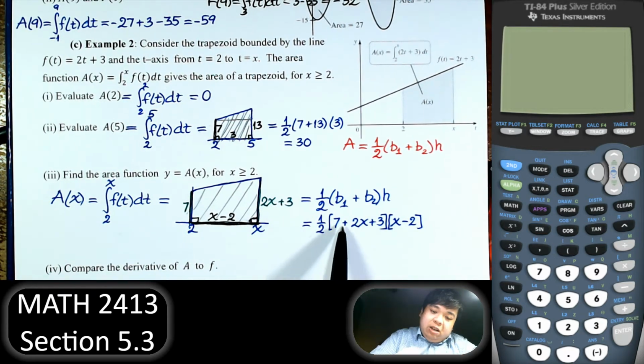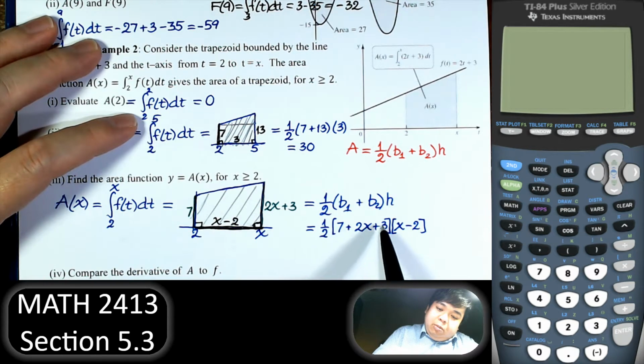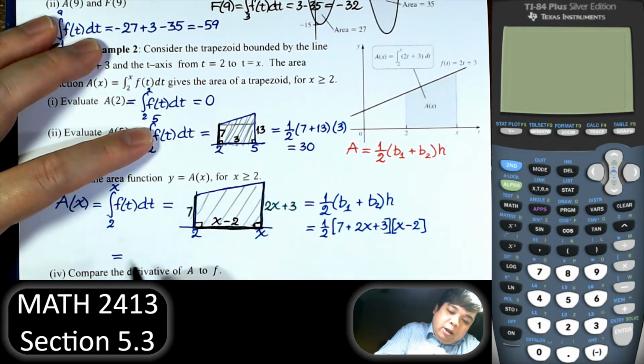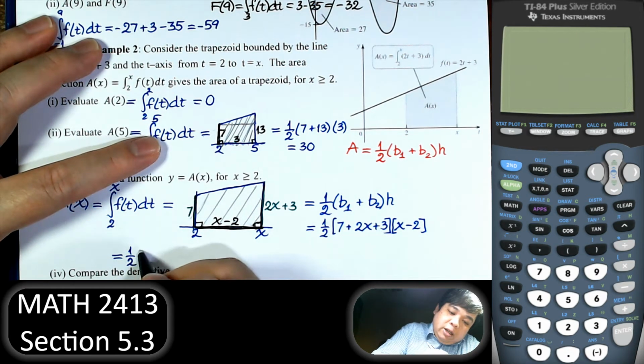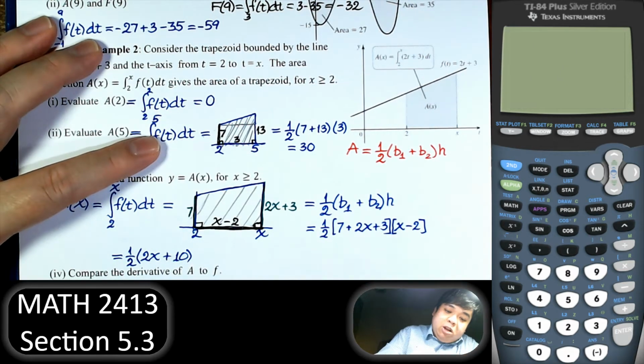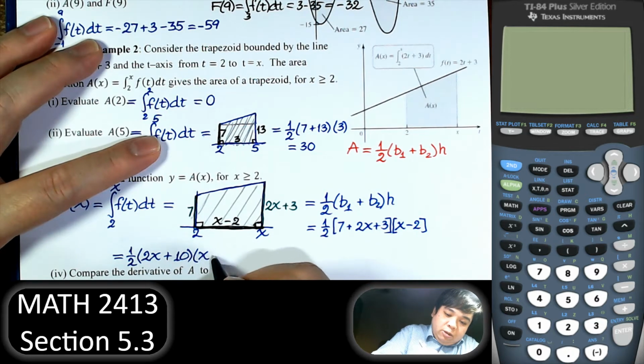So base 1 is 7, base 2 is 2x plus 3, and times the height, x minus 2. So combine like terms in that bracket, we will have 1/2 times, 7 plus 3, so it will be 2x plus 10, and then x minus 2.